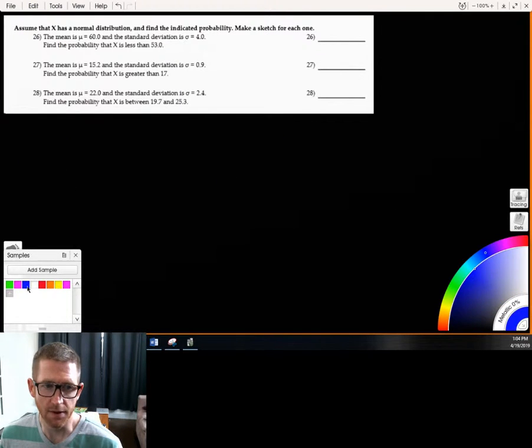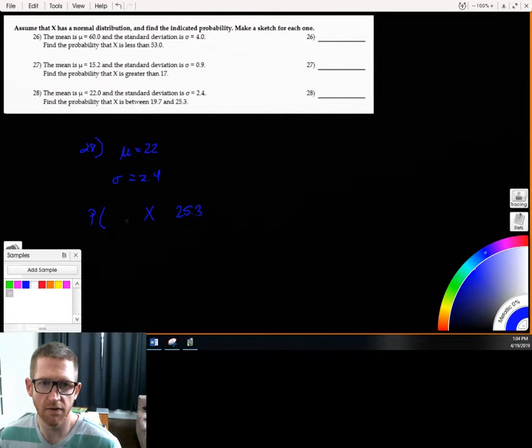Now for this last one, 28, you're told that the mean is 22, the standard deviation is 2.4, and you want to know the probability that your value is between 25.3 and 19.7. So it's actually between 2 values.